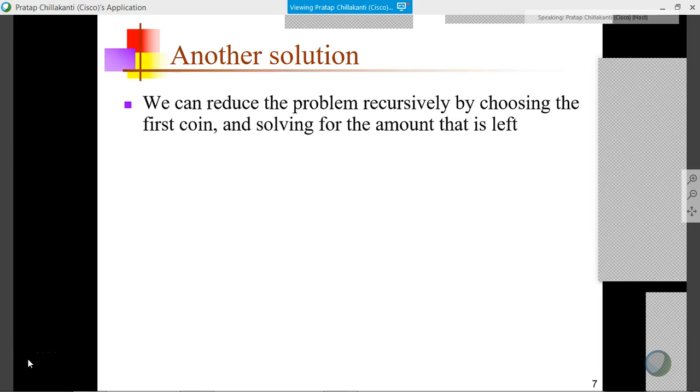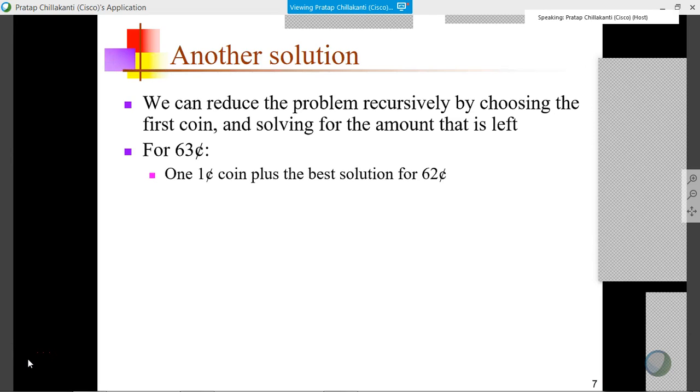Okay. So there's another way of solving it. Follow this carefully, line by line. We say, okay, we'll use one 1-cent coin plus the best solution for 62 cents. Note the word best. Then what do we do?